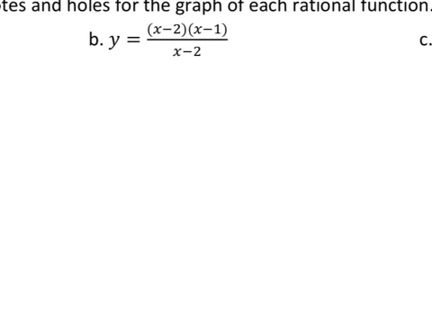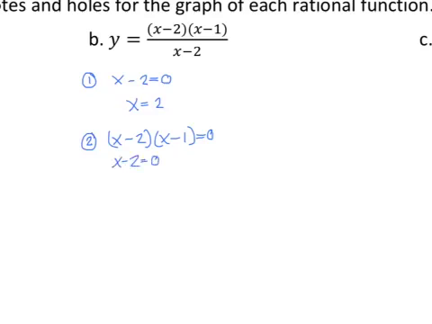Okay, let's do the next one. Step 1, set the denominator equal to 0 and solve. We add 2 to the other side and get x equals 2. Let's see if that matches with what's up top. On the top, we get x minus 2 times x minus 1 equals 0, so x minus 2 equals 0, which looks similar, and x minus 1 equals 0.